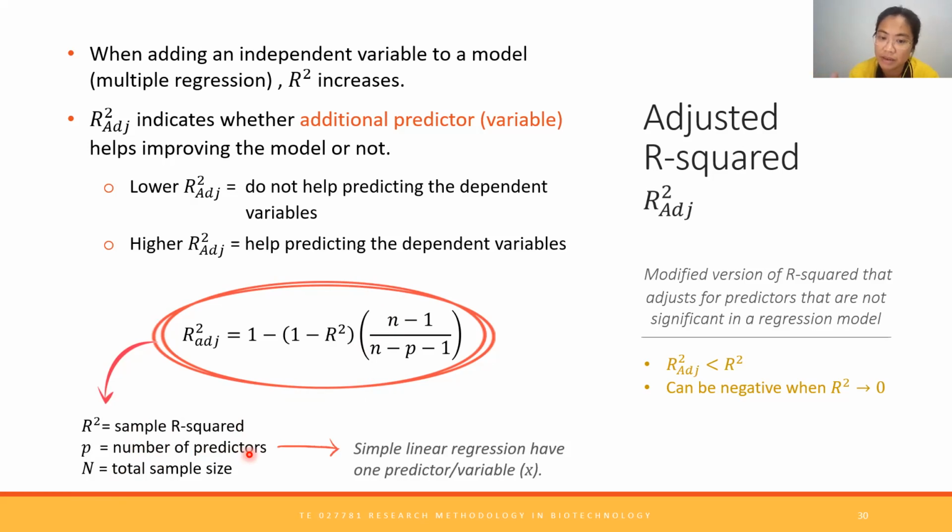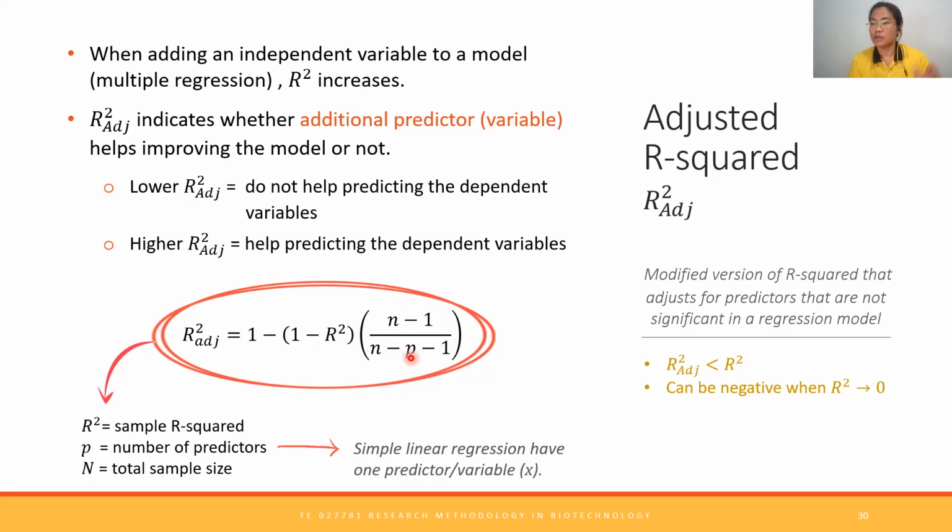In simple linear regression, you have only one X, y equals mx plus c. But if you have many predictors, you probably have X1, X2, and X3, so you have 3 predictors, that sort of thing. If this term is 1, adjusted R-square would be equal to R-square. That's why I said that adjusted R-square is always smaller, because of this term here.